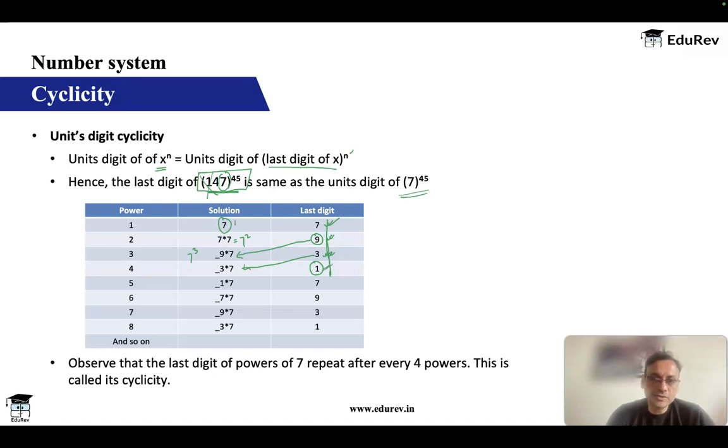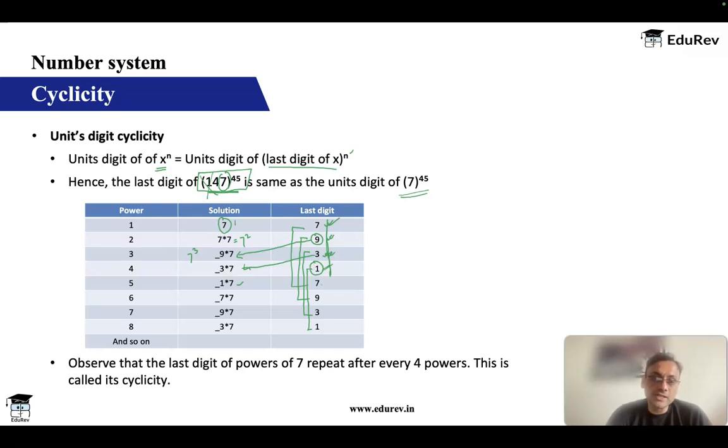So you see 7 to the power 5 again is 7, which I had got in 7 to the power 1 also. 7 to the power 6 is 9, which I had got in 7 square also. 7 to the power 7 is 3, which I had got in 7 cube also. And 7 to the power 8 is 1, which I had got in 7 to the power 4 also. So basically after every 4 powers, the last digit of 7 repeats.